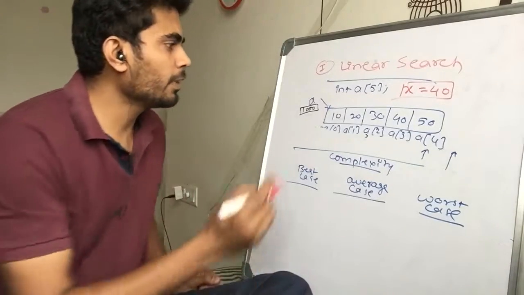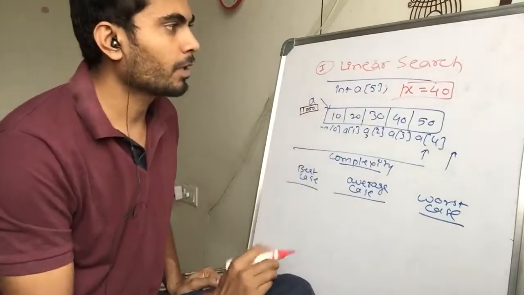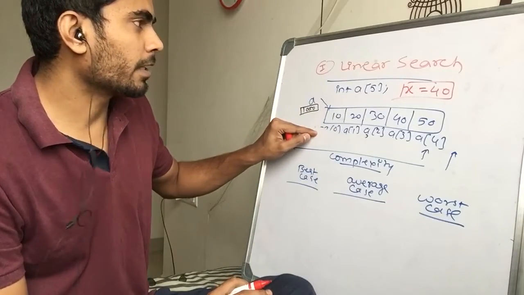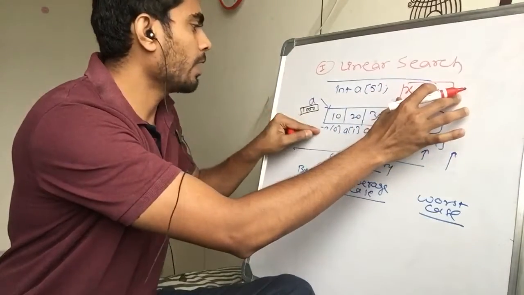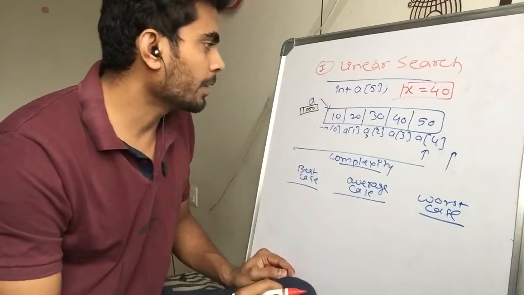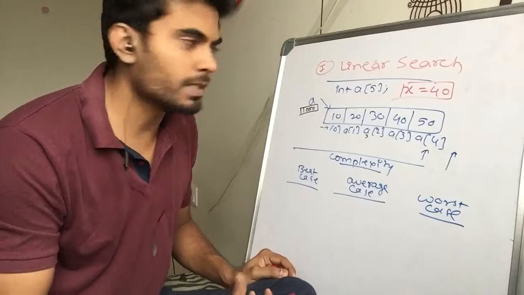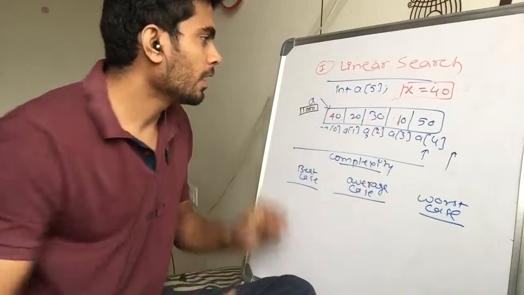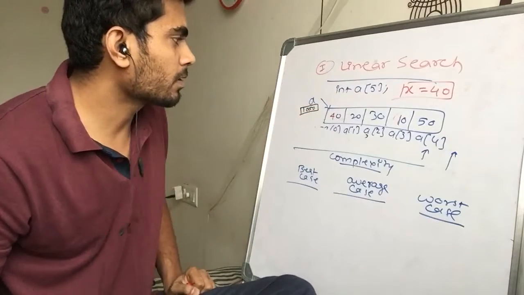So why these three different classes? Best case is when you have your element x and you start from the first position in this array. You compared, and you got these two elements compared and you got a true. It means this element is equal to this element. Suppose this is 10 and this is equal to this.